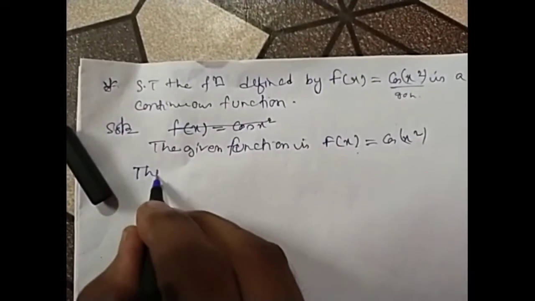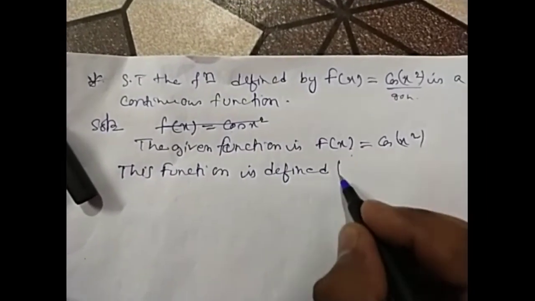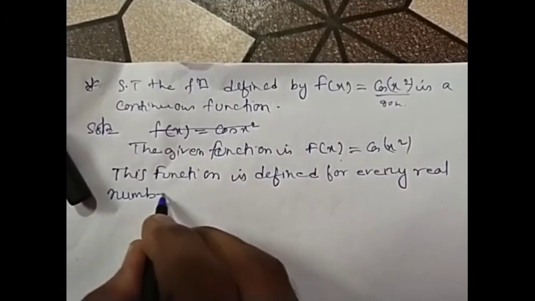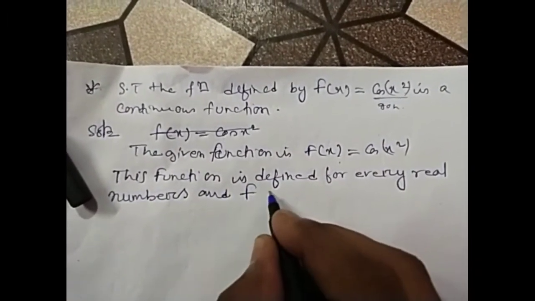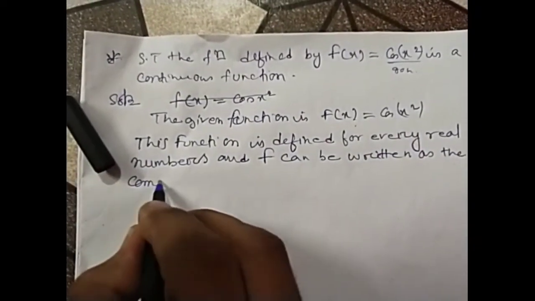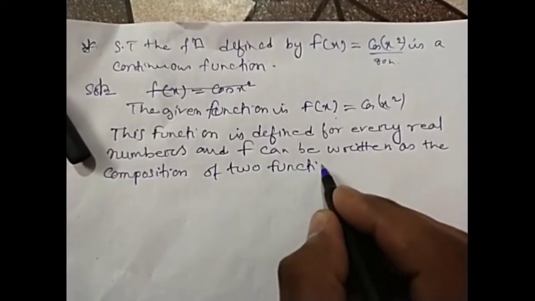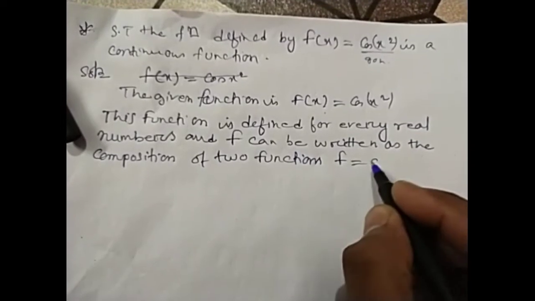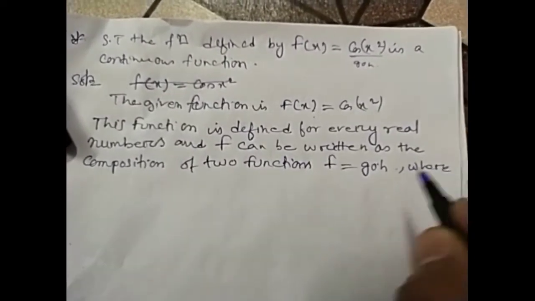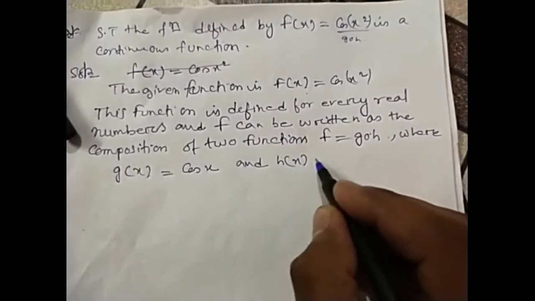This function is defined for every real number, and f can be written as the composition of two functions, f equal g o h, where g(x) equal cos x and h(x) equal x square.